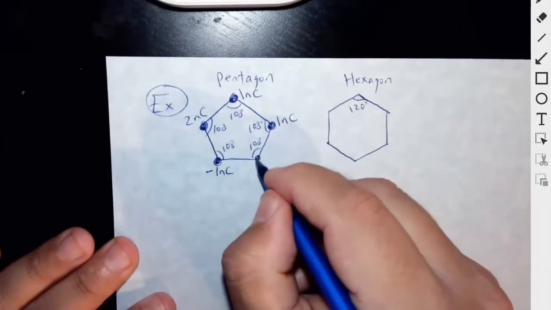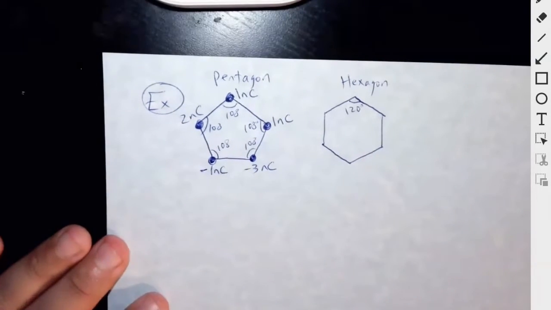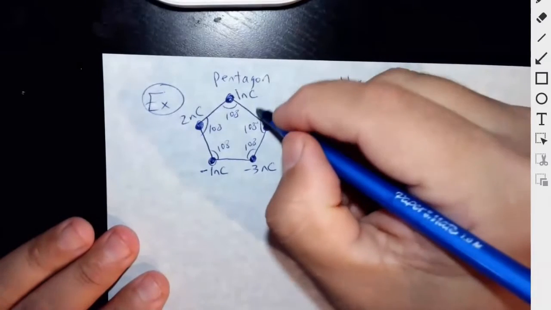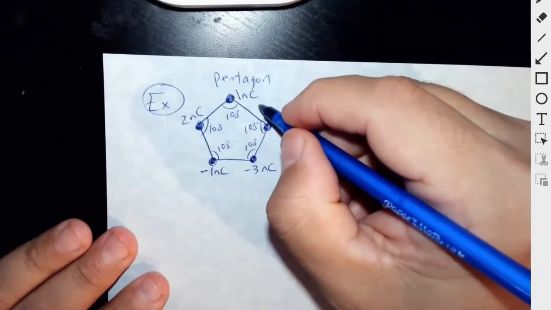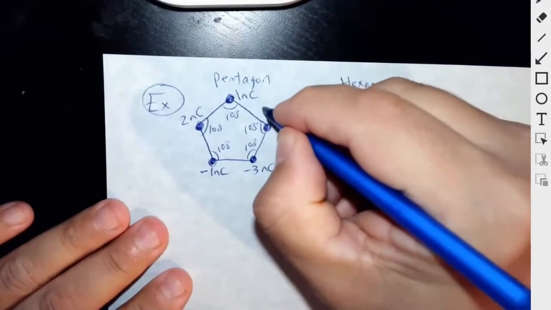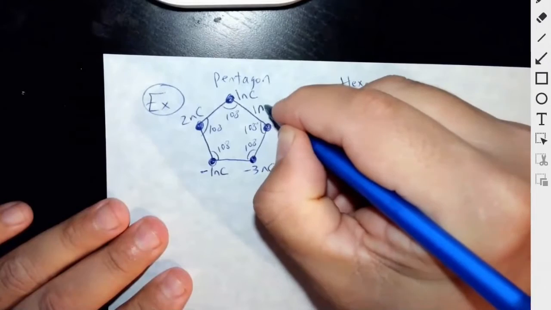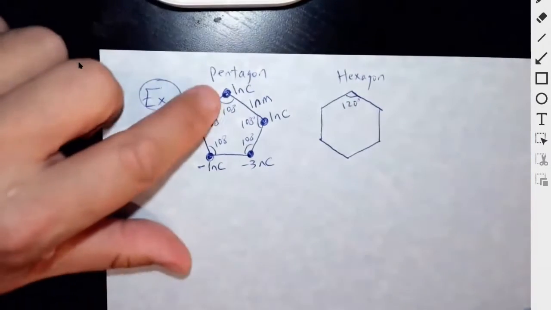Okay, -3 nanocoulomb. And then let's make the distance here 1 nanometer. More like a molecule size. Very small.